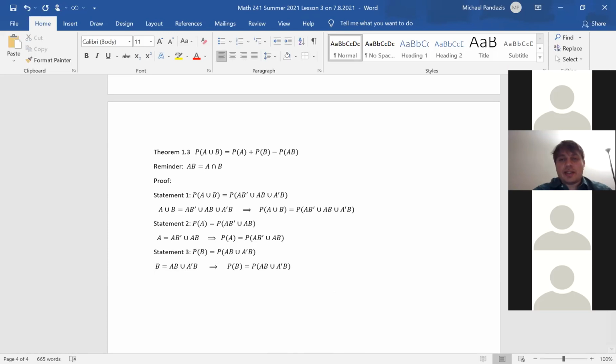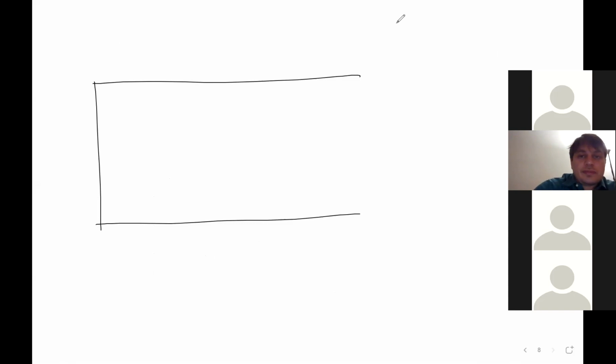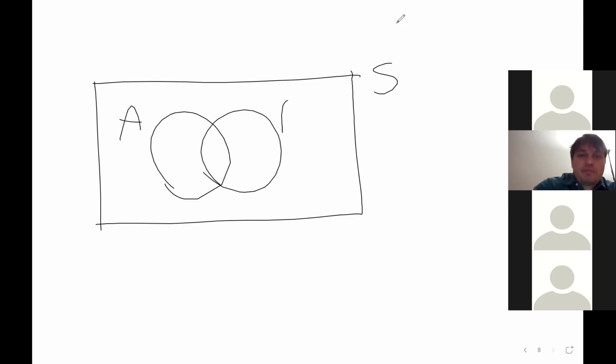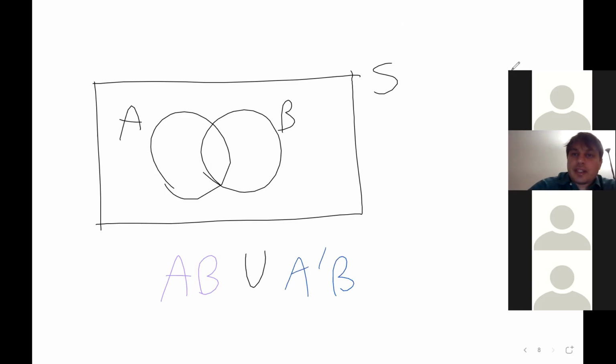Okay, so if you have the universal set S and you have A and you have B, and you look at AB union A prime B, then this is what you get.